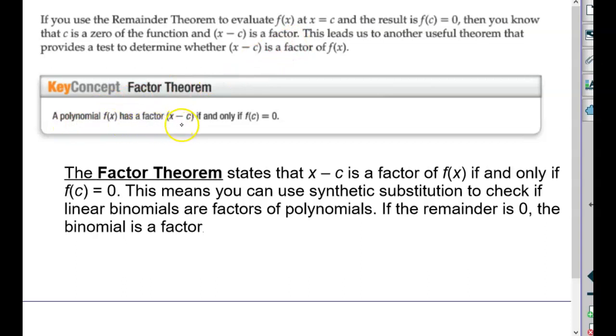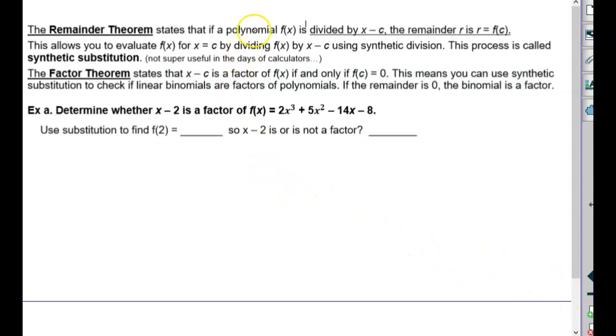Polynomial f of x has a factor x minus c if and only if when you put in the c you get out a 0. All right, that is the factor theorem. It states that x minus c is a factor if and only if f of c is 0. All right, that's what that looked like on your paper.